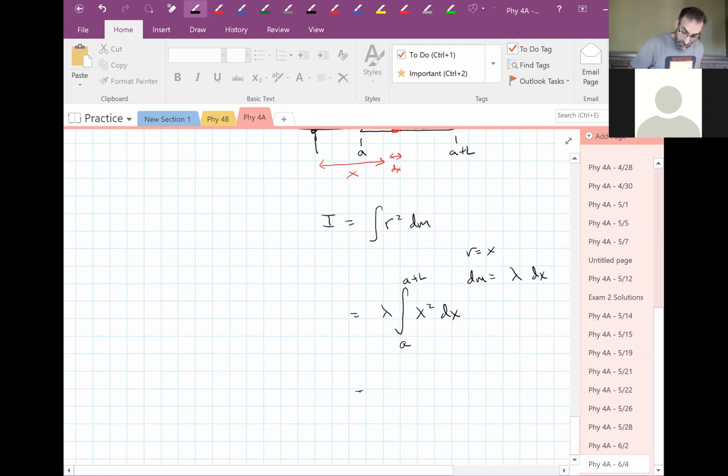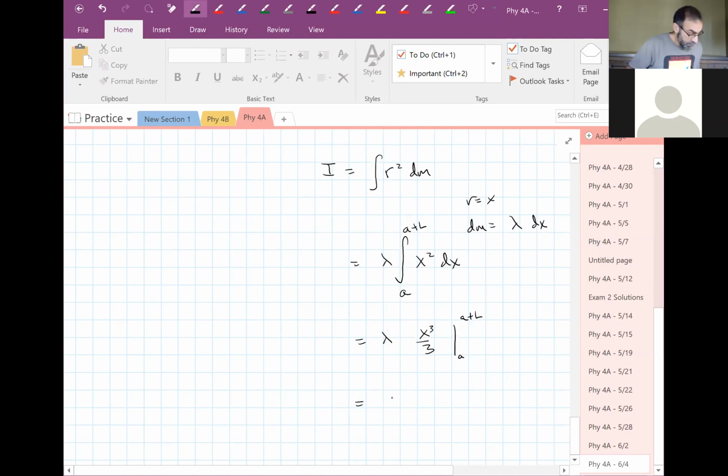What do I get here? I get lambda x cubed over 3 evaluated from a to a plus L. Lambda is m over L if it's a uniform rod. And then this is going to give me an a plus L cubed minus an a cubed.